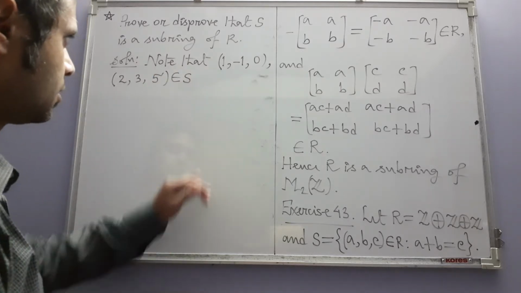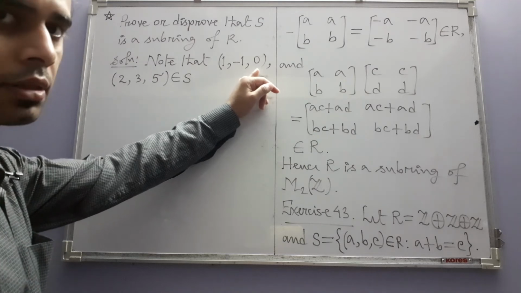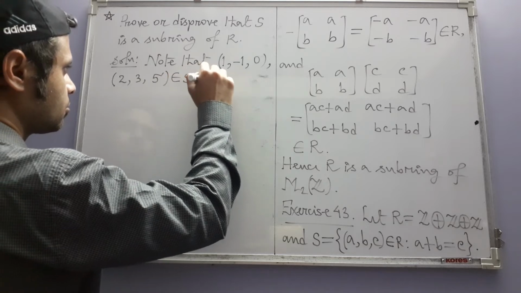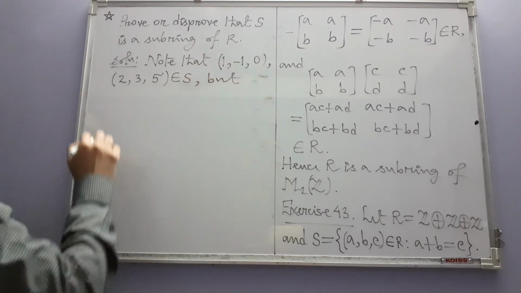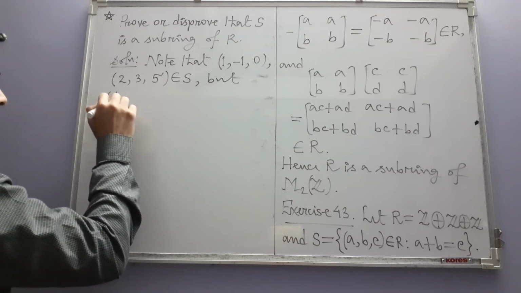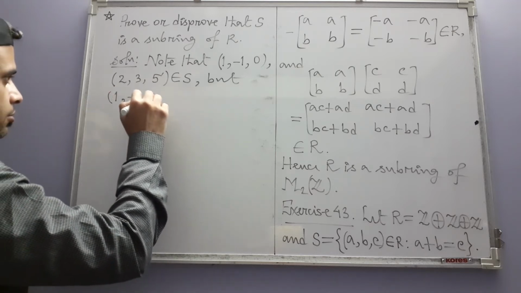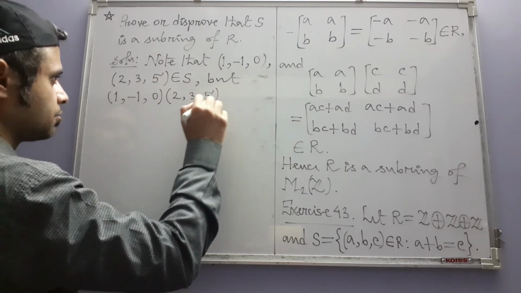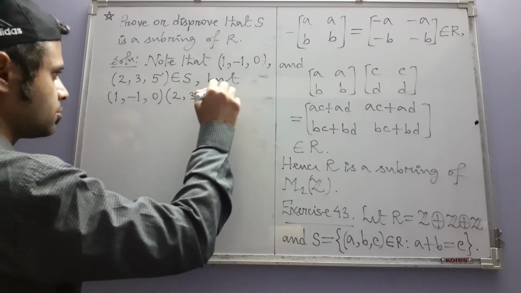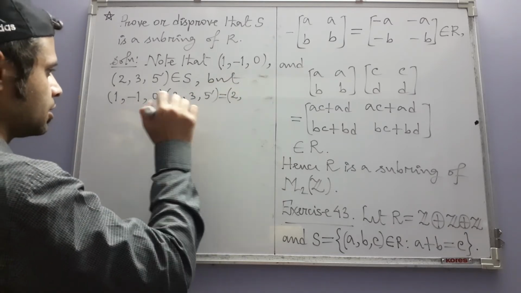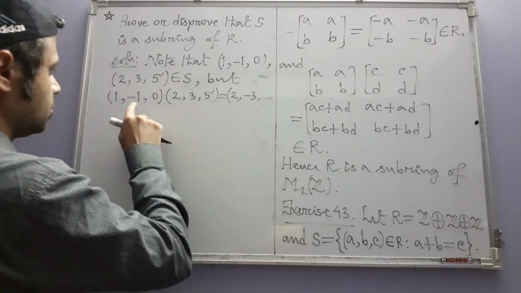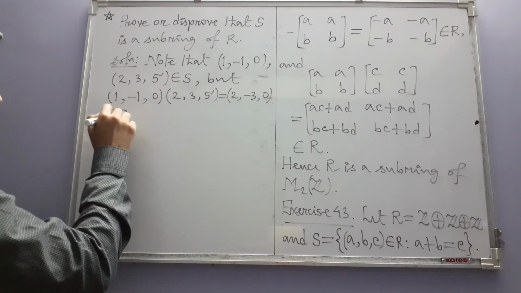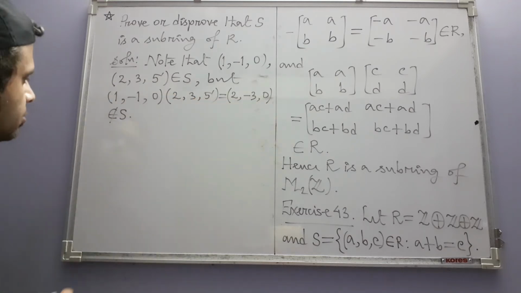Because the sum of the first two coordinates equals the third one in both of them, but their product, and product is component wise, is 1 times 2 is 2, minus 1 times 3 is minus 3, and 0 times 5 is 0. This does not belong to S because 2 minus 3 is not 0.